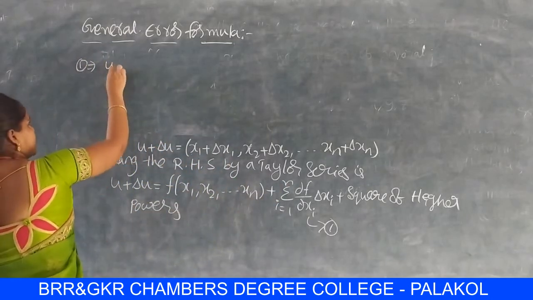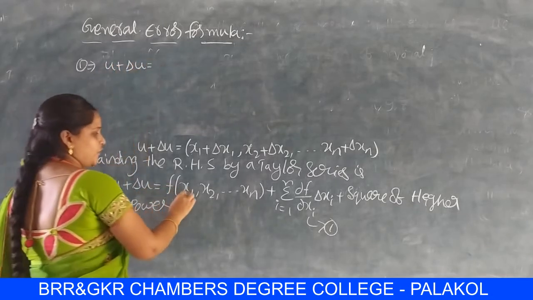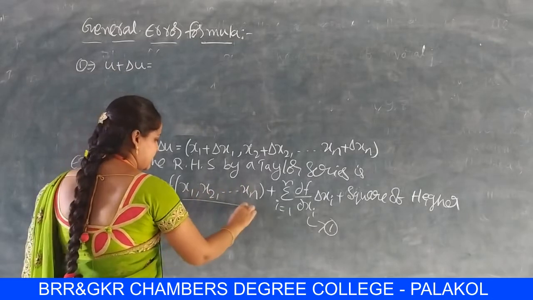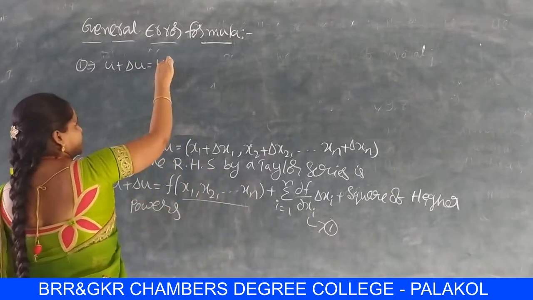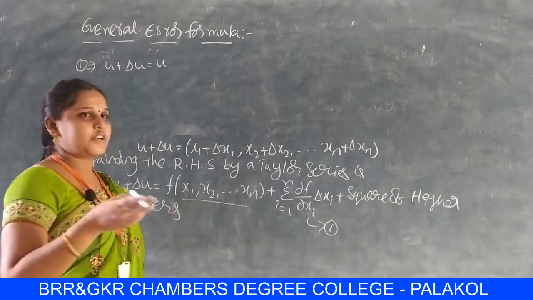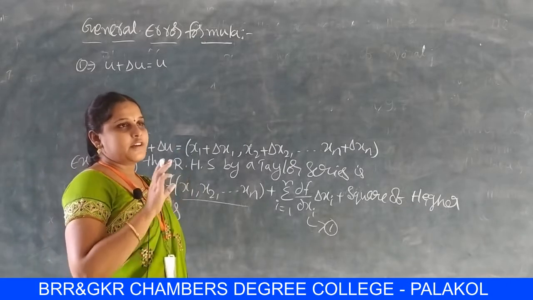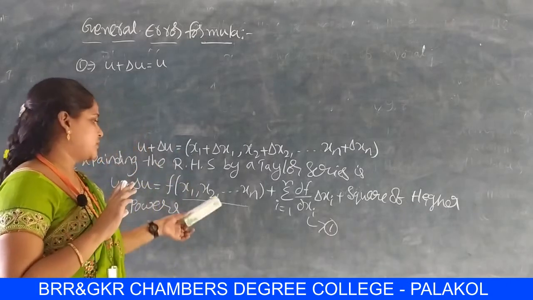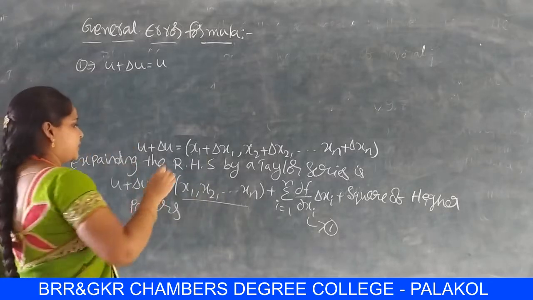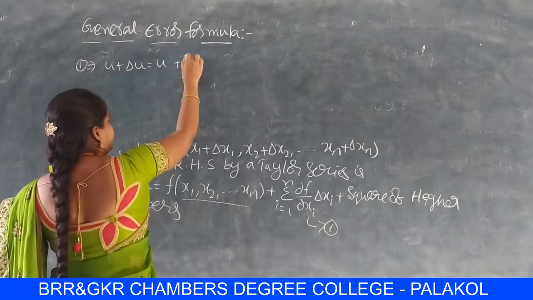Now u plus delta u is equal to f of x1, x2, and so on xn. First, let u is equal to f of x1, x2, and so on xn be a function of several variables.